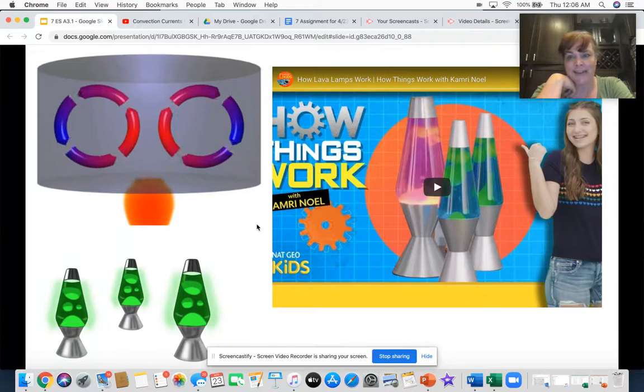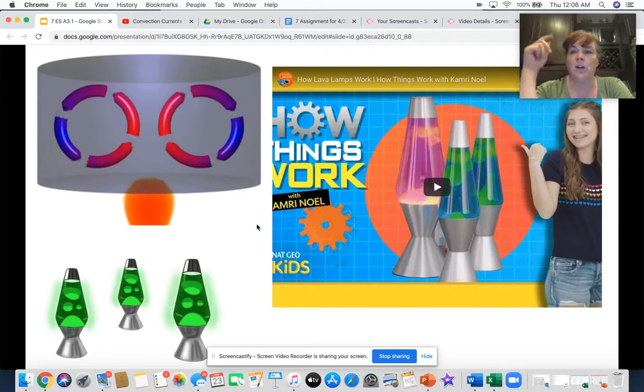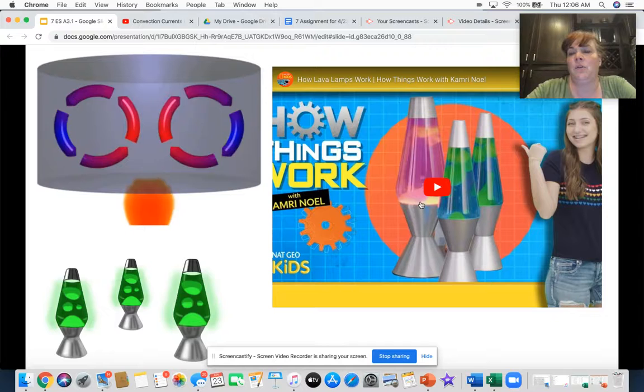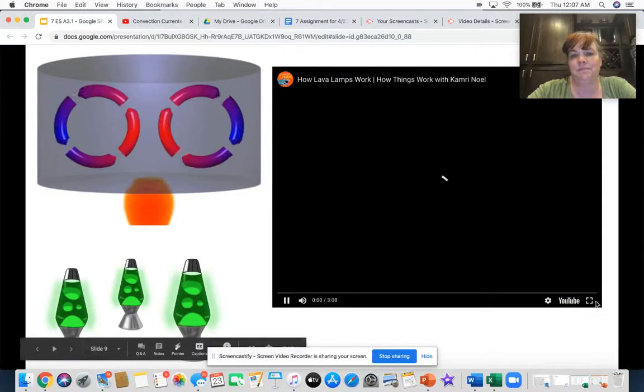It's a little mini oven. And there is a fan inside that blows heated air around in a cycle, in a convection cycle. Okay, and that's how it works. So this is a quick video about how lava lamps work with convection. And remember, the same principles can apply to air as well as liquids.